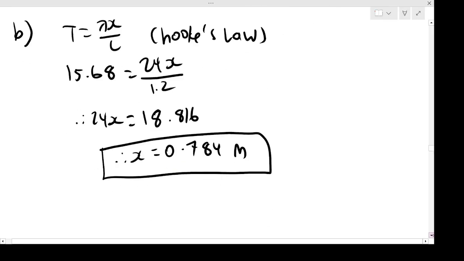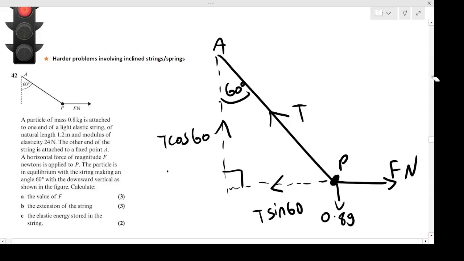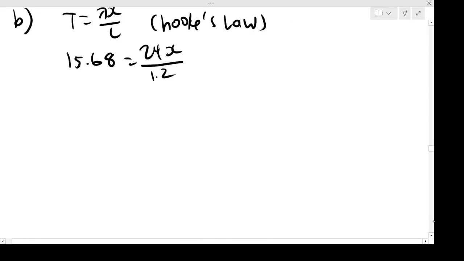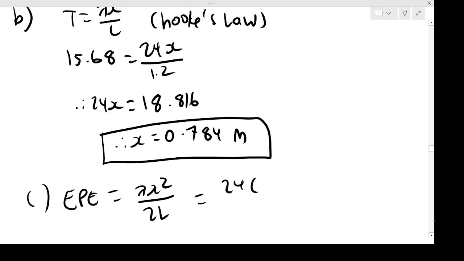Okay, great. Then the final part is asking me to find the elastic energy. We know that the elastic energy, EPE, is going to be lambda x squared over 2L. Actually, this is quite nice because this is just plugging into the formula, because we know the modulus of elasticity is 24. The extension we just worked out to be 0.784.